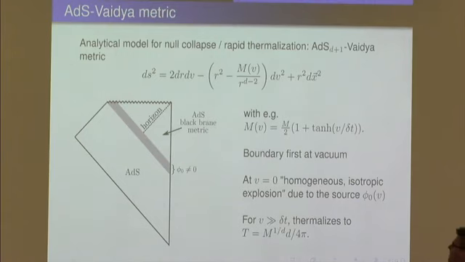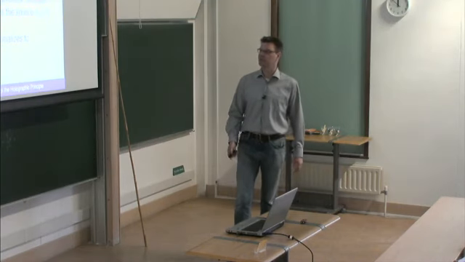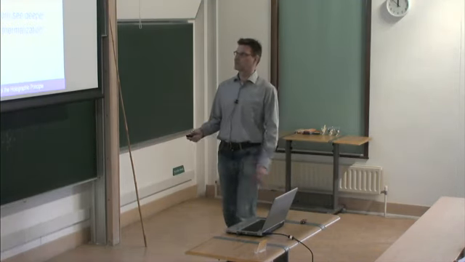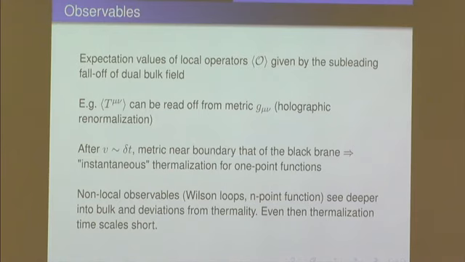Although you are calculating the observable here, the information about the bulk geometry extends across the falling null shell to the vacuum side. So the metric is not just that of a black brane, and as a result these observables are non-thermal.